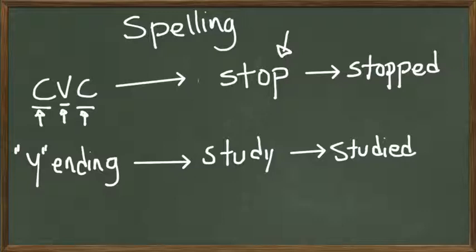For example, we have stop, consonant, vowel, consonant, and the result is stopped. And there's the double P.